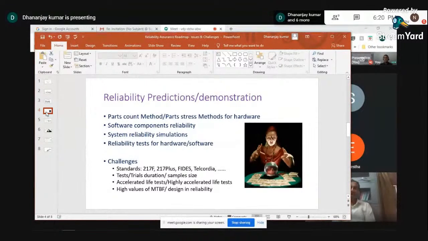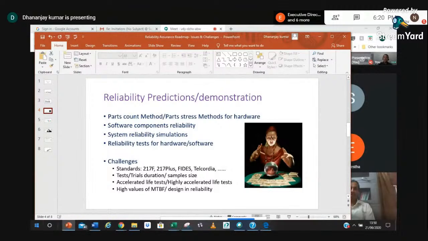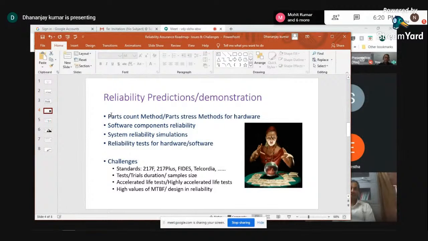In the defense industry, commercial industry, or aviation industry, Airbus, Boeing, they are all very much looking into the parts count method and parts stress method for the hardware. And then software component reliability also. It is still not a very mature area to calculate software component reliability. There are some standards and some tools they are trying to implement.